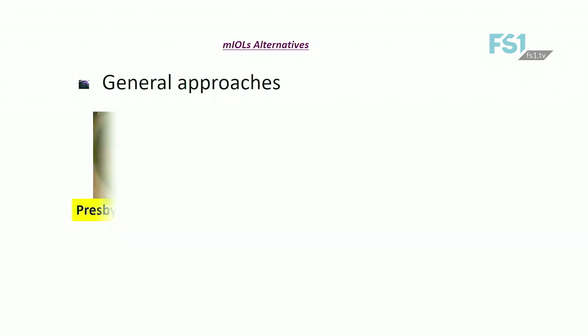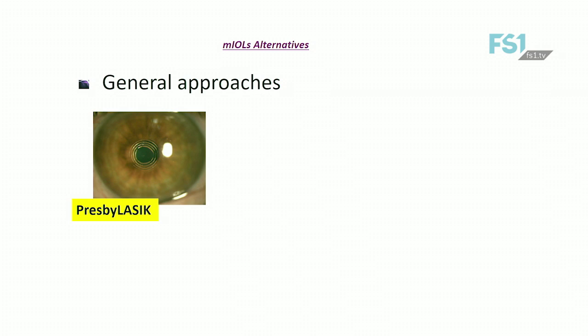And general approaches, one of those are these corneal surgeries, for example, Presby LASIK. All these approaches are still exploratory, and the main idea behind the corneal approaches is to change the refractive properties of the cornea. For example, Presby LASIK is for creating different zones.